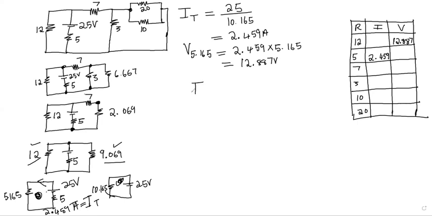So the total current of 9.069 is equal to 12.887 divided by 9.069. Then the total current is 1.42.